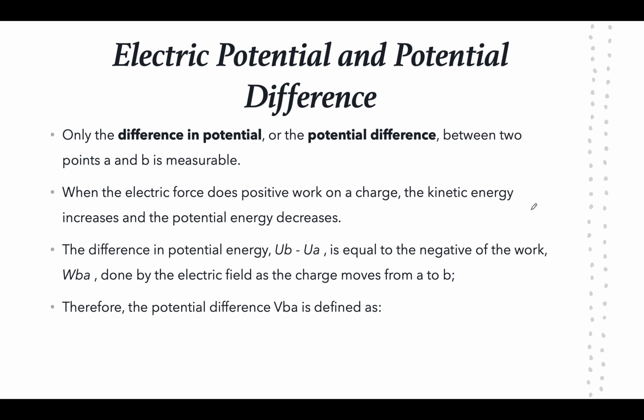Okay? So potential difference can be defined as the change in potential, which is potential at B minus potential at A, which is potential energy at B minus potential energy at A per unit charge, which is the negative of the work done per unit charge.